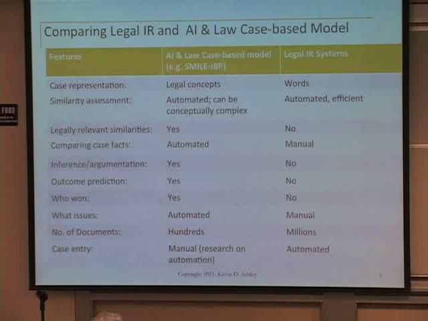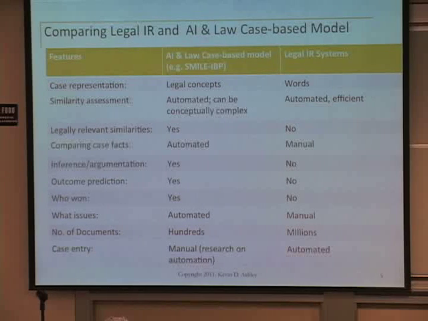And I think you can see the magnitude of the challenge with a little comparison of one of those AI and law models, the SMILE plus IBP model, which predicted outcomes of cases and generated an argument in support of the outcome, and your favorite legal IR system. So the AI and law computational model is great in some sense. It represents legal concepts.